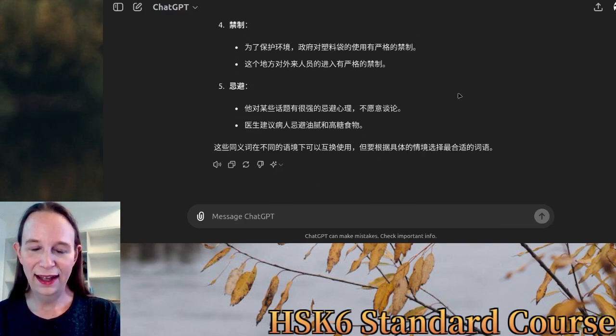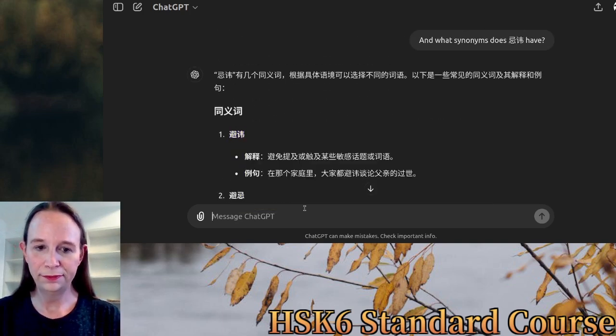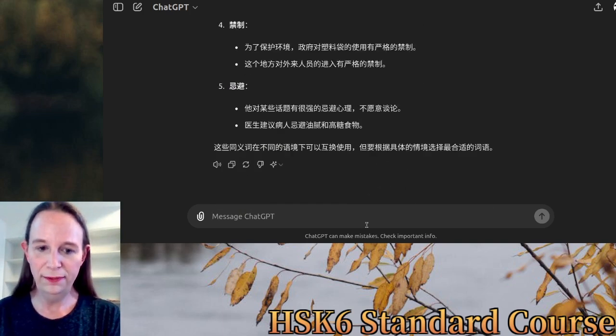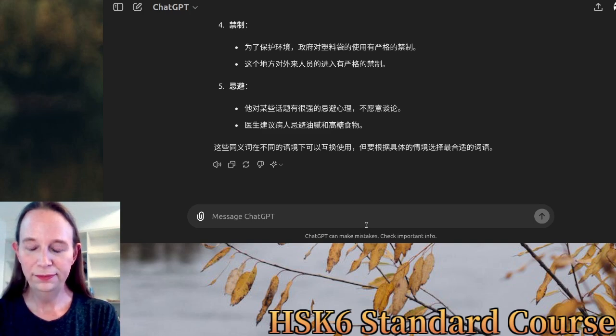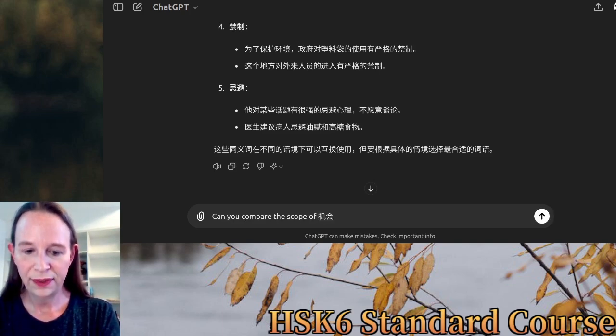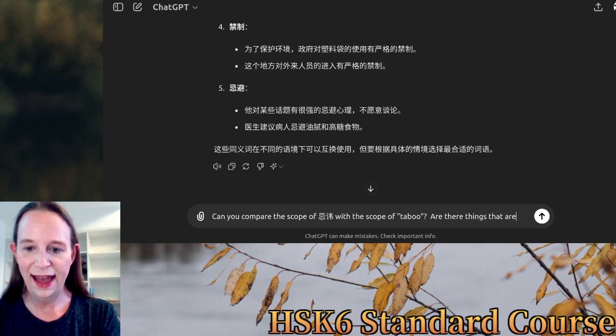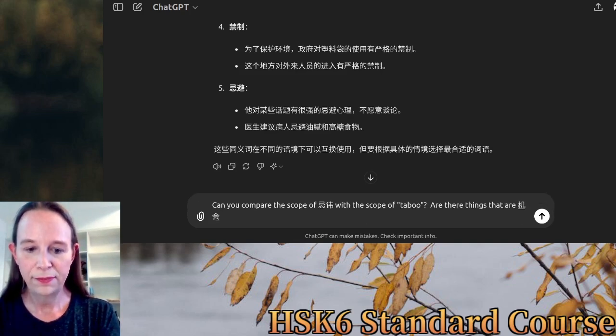All right. So I want to talk about the scope of this. Actually, before we do that, I want to talk about the scope. Can you compare the scope of 忌讳 with the scope of taboo? Are there things that are 忌讳 but not taboo, and vice versa?